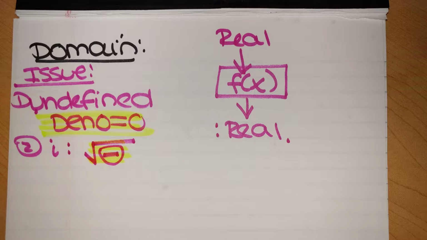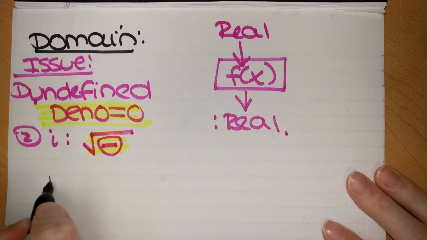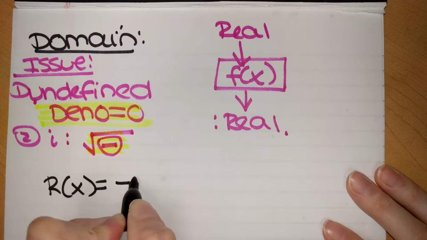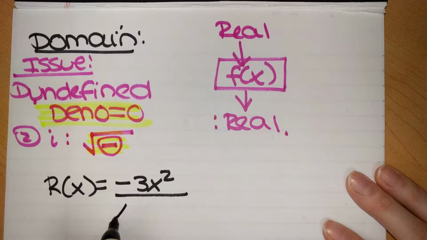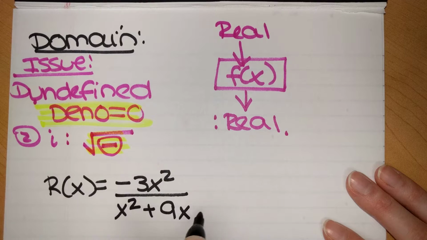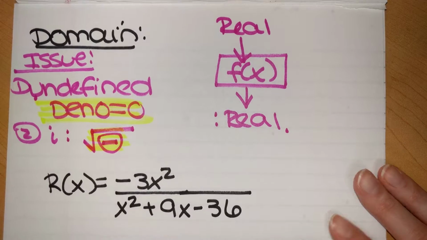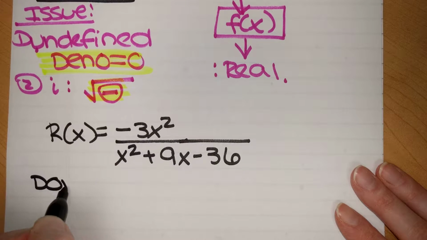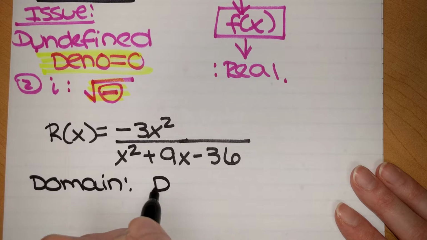So if you look at a question like number 75, we have a rational function, 3x squared divided by x squared plus 9x minus 36. When we're looking for the domain here, we don't have a square root, so we're just focused on the denominator.